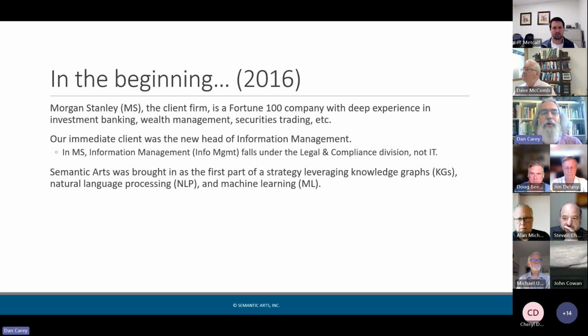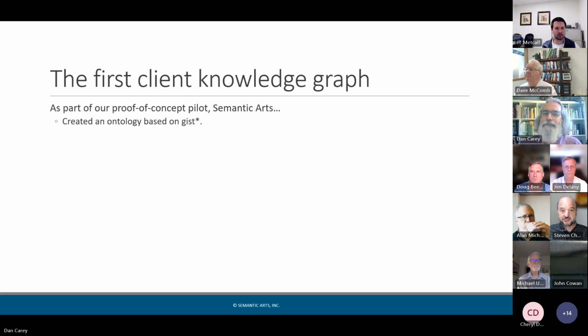And Semantic Arts was brought in as the first part of a strategy that the client wanted to explore that was going to leverage knowledge graphs and natural language processing and machine learning in order to begin the work at the scale that a company the size of Morgan Stanley has to function at.